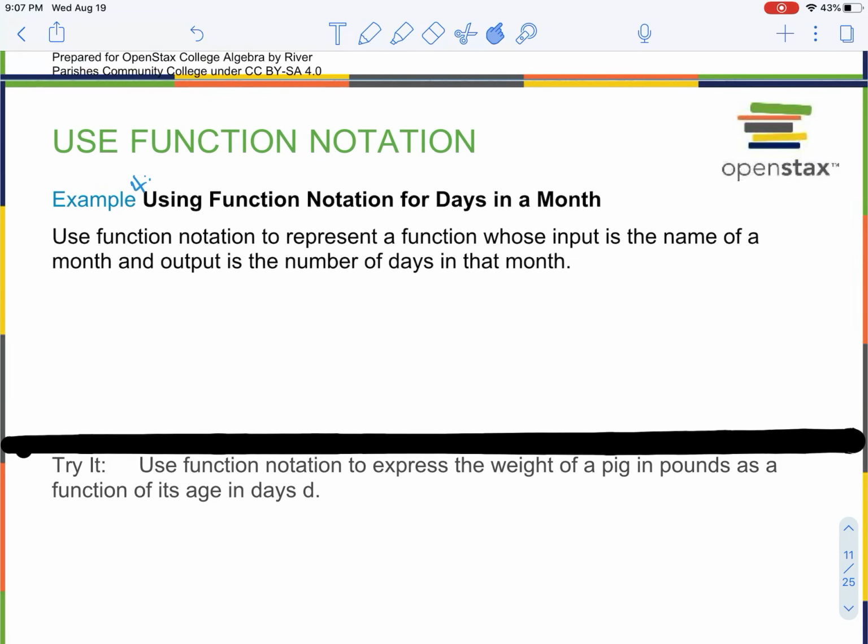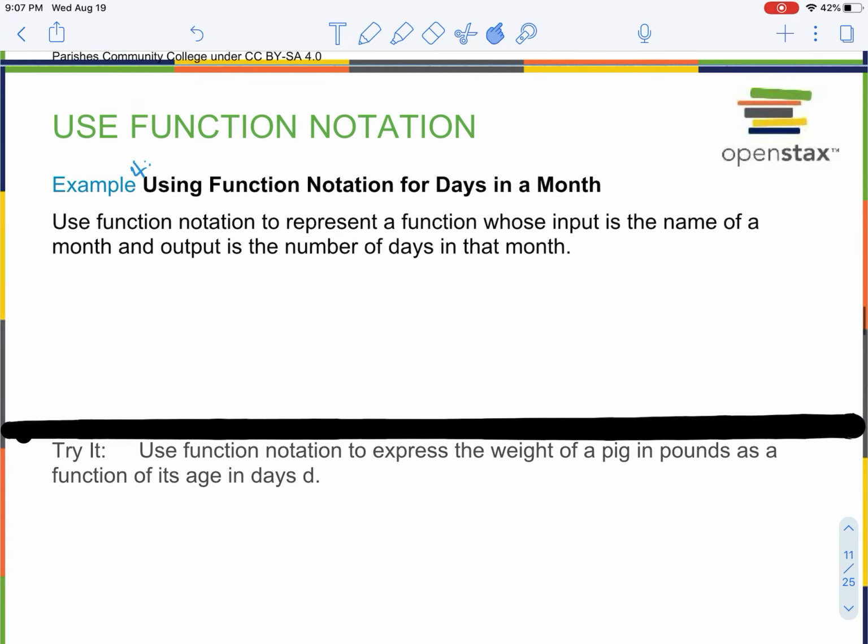Use function notation to represent a function whose input is the name of the month and the output is the number of days in that month. So for this one, we want to write the function notation for this word problem. The input is the name of the month and the output is the number of days in that month.